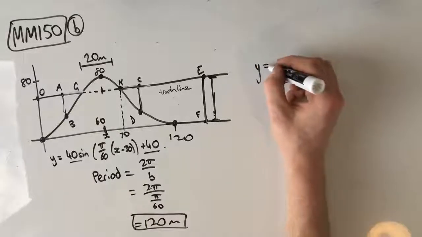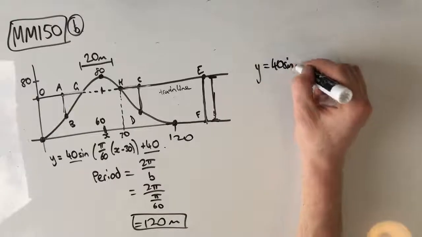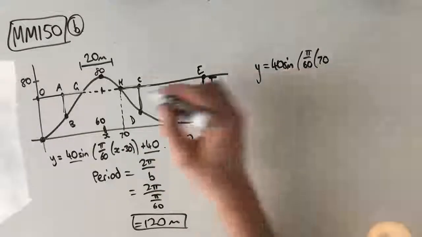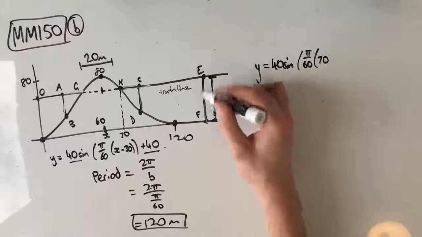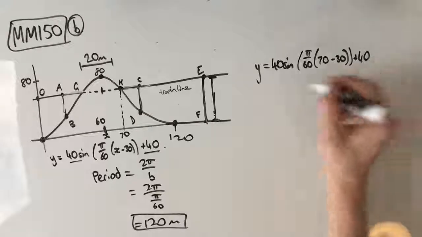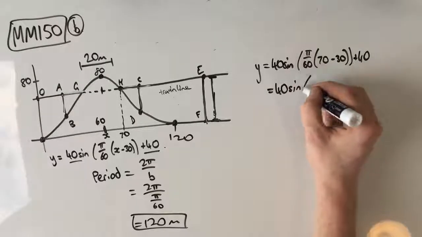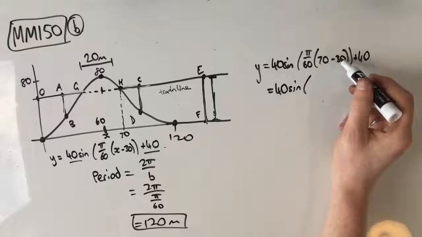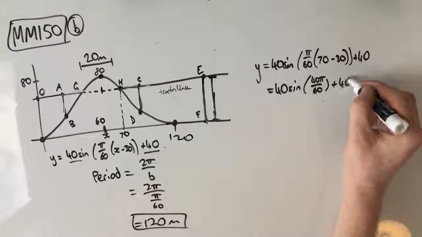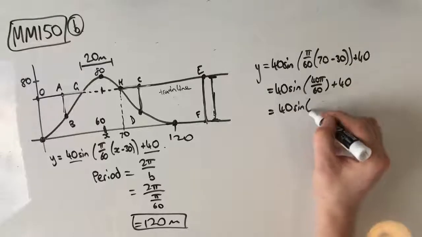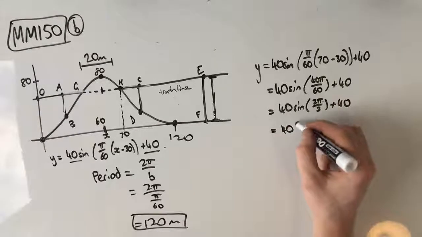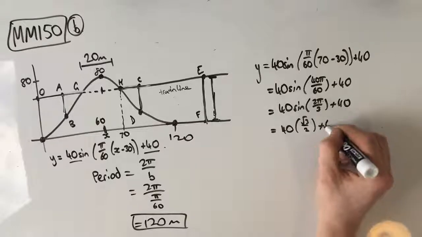We know that y is equal to 40 sine of pi over 60 times x take 30, plus 40, and in this case our x is 70, because we want to know how high above the ground H is, which will be the same distance as E to F. So we end up with 40 sine of 70 take 30 is 40, so 40 pi over 60 plus 40, which is the same as 40 sine of 2 pi on 3 plus 40, which is 40 times root 3 over 2 plus 40.